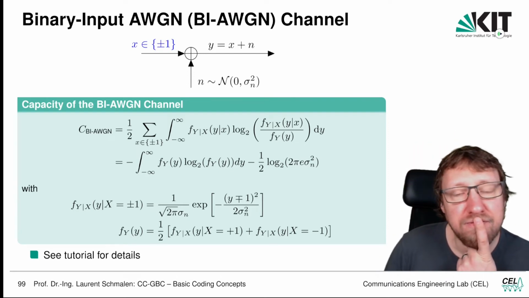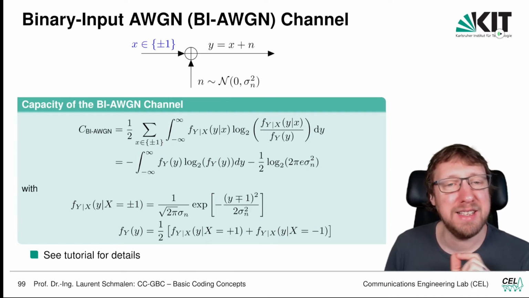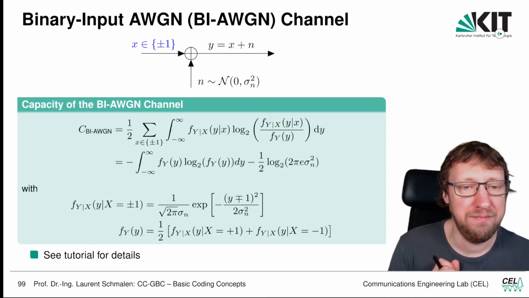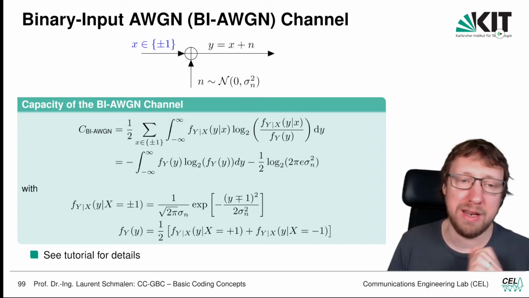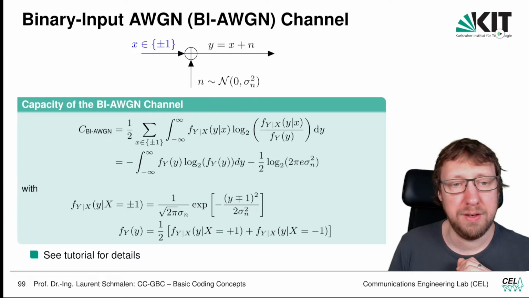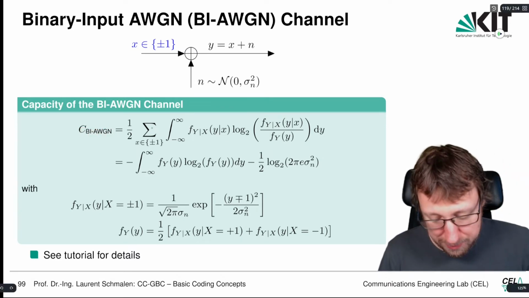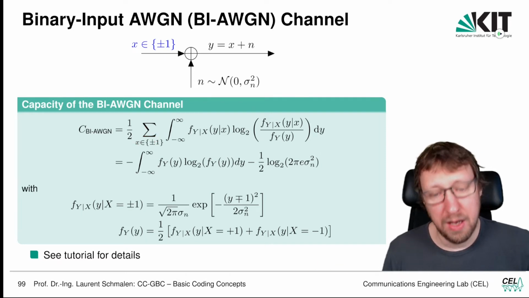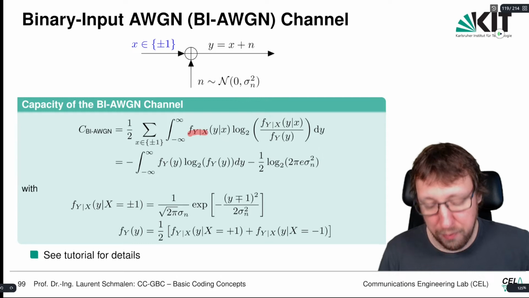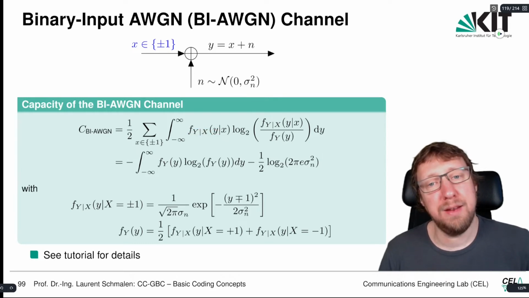Well, that's a little bit bad because we don't have a nice expression for the capacity. We can only calculate the capacity numerically. It's a little bit unfortunate. So here is the expression for the capacity: 1/2 times the sum over x equal to plus or minus 1 times the integral of f of y given x times log 2 of f of y given x divided by f of y.